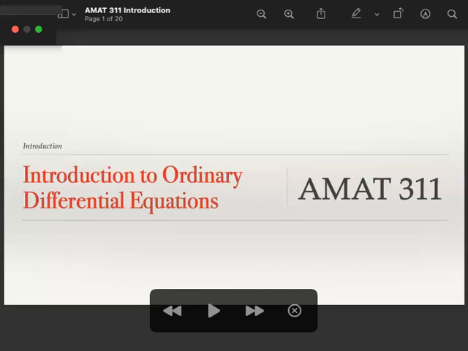So even in cases where we cannot solve the equations explicitly, the most basic, the most fundamental thing we are interested in is knowing whether there exist solutions or not. And if the solutions exist, whether they are unique. So even if we cannot find a solution, we are still interested in knowing whether a solution exists.